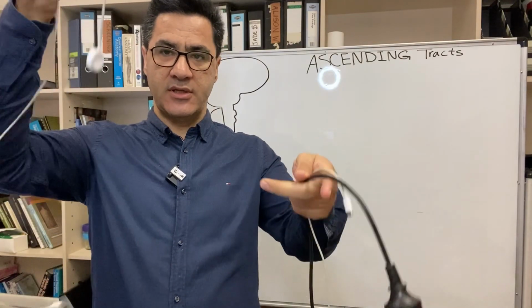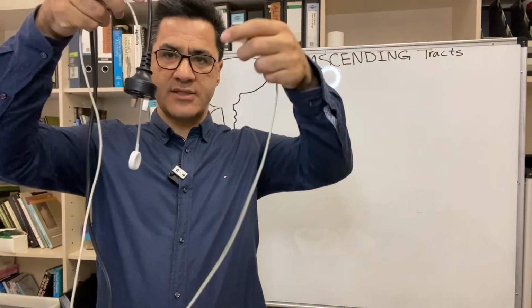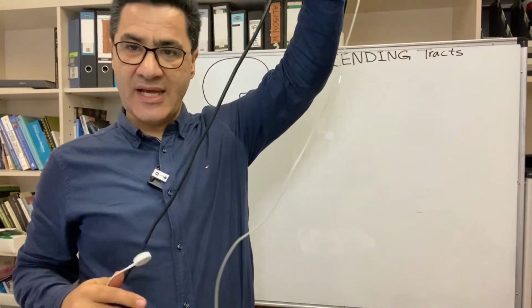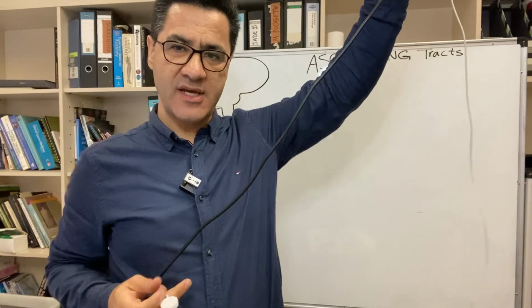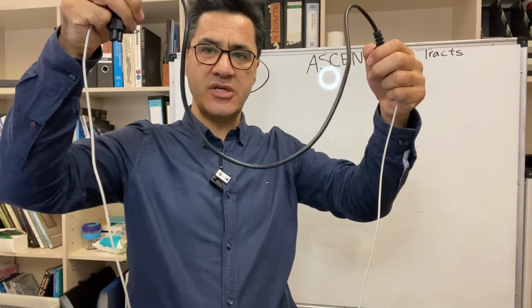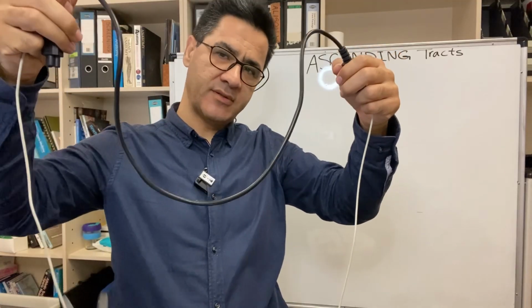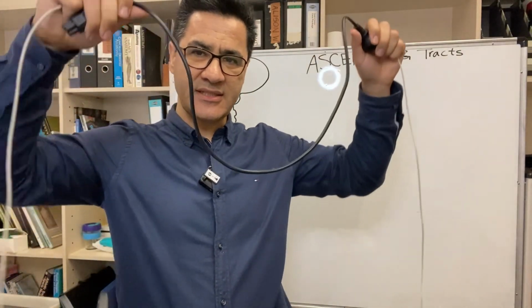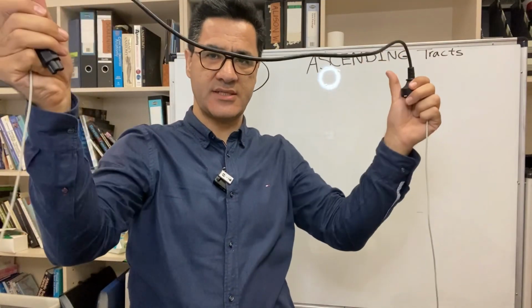If you connect these 3 wires, you can allow the electrons to convey through them. Neurons in the sensory pathway or ascending tracts connect to each other like 3 wires.